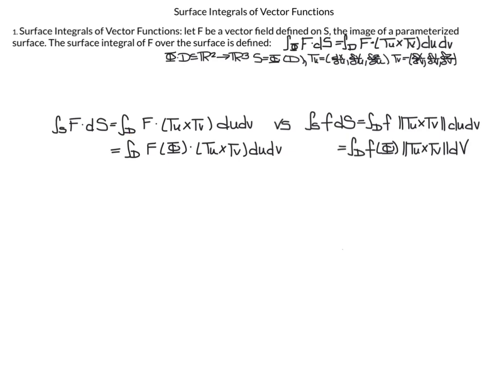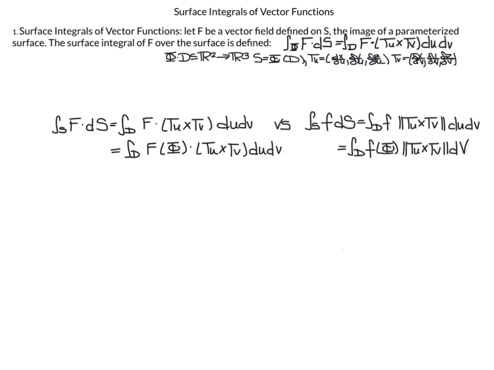So it's very similar. If you recall, when you had a scalar function integrated over a surface, you would compose your scalar function with your mapping and then multiply by the magnitude of your normal vector, which was equal to your two tangent vectors cross-multiplied.